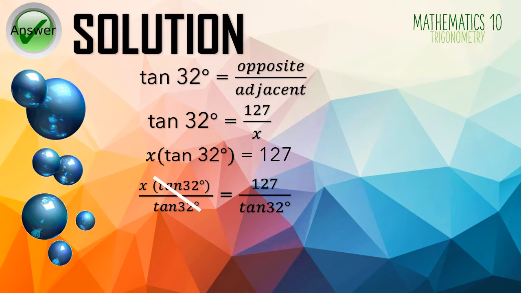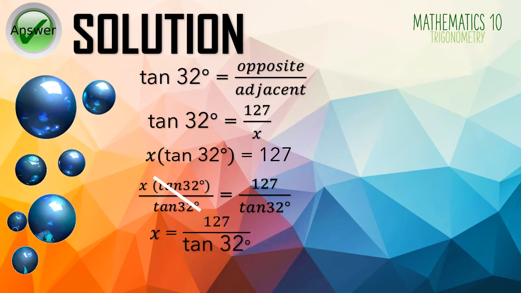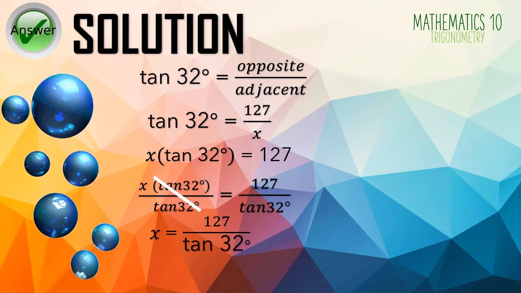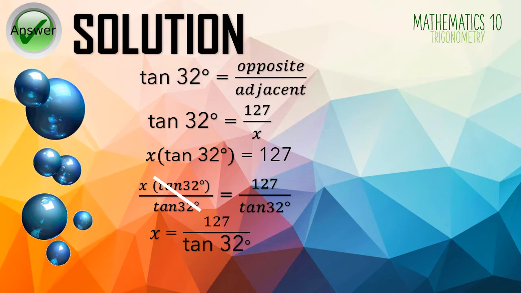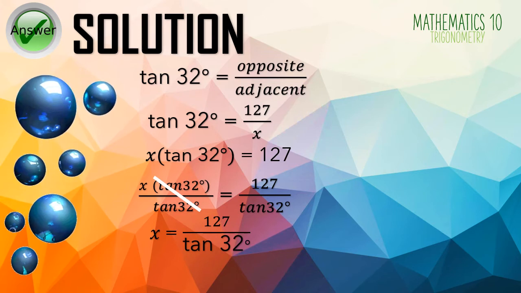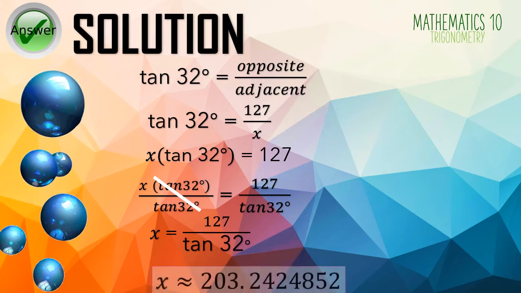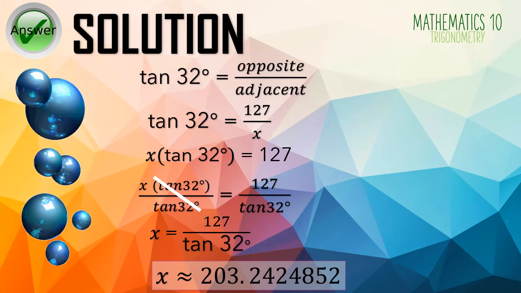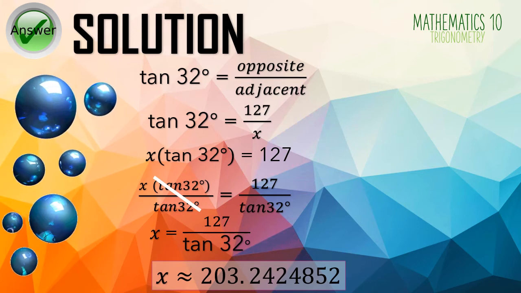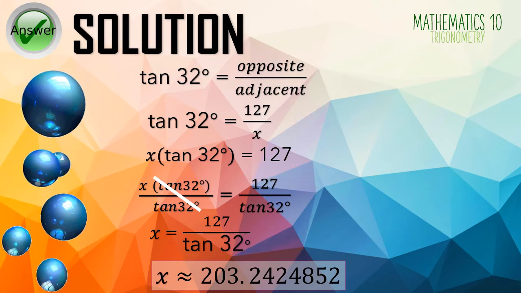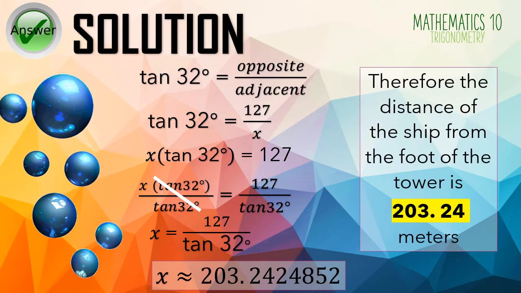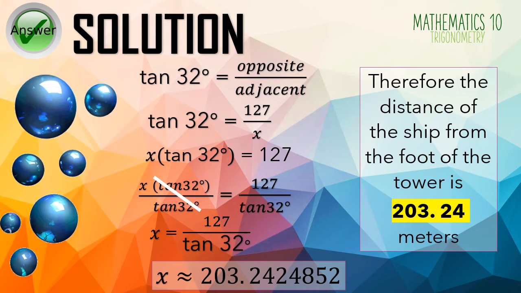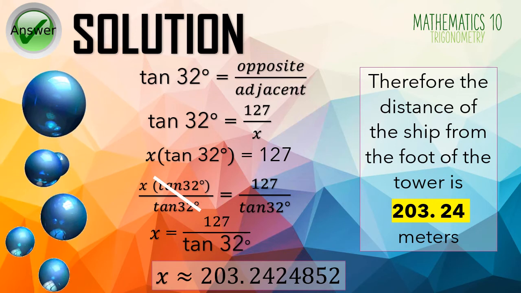So we'll end up with x equals 127 divided by tangent 32 degrees. In this case, we can now input it in our calculator, and we'll end up with 203.2424852. In sentence form, therefore, the distance of the ship from the foot of the tower is 203.24 meters.